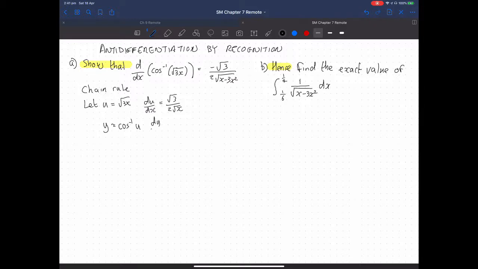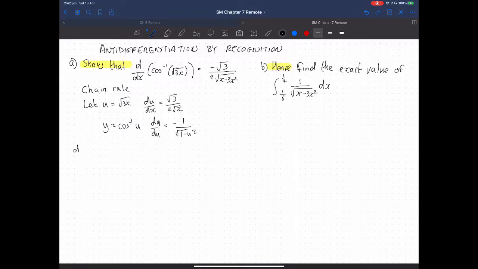So dy/du, using our derivative formulas for the inverse of cosine, what we would get is -1 on the square root of 1 minus u squared.